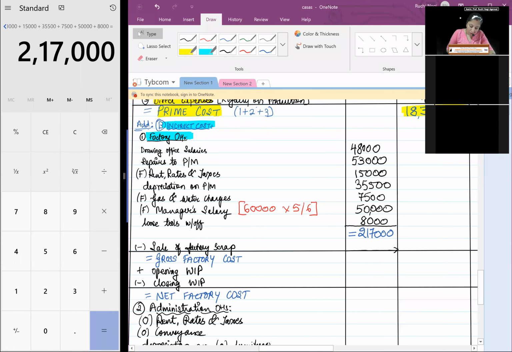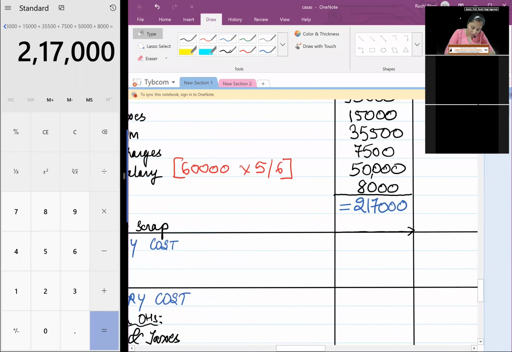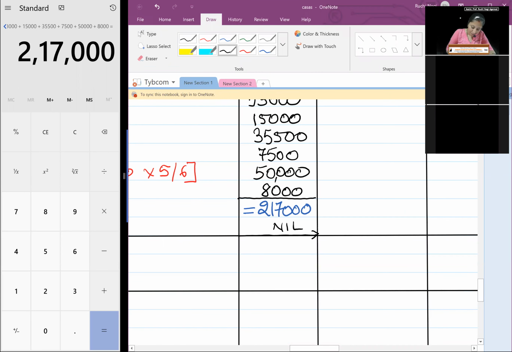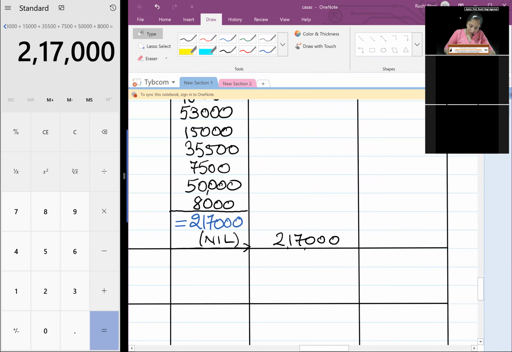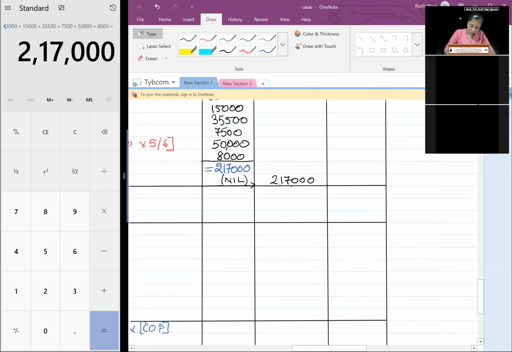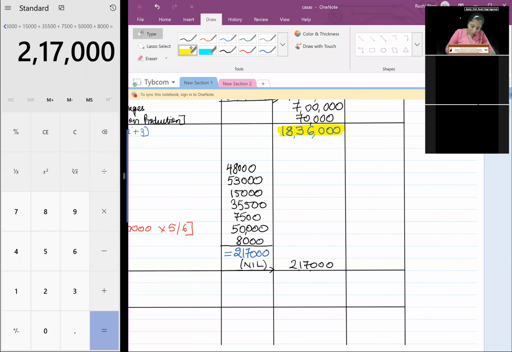Okay? Sale of factory scrap, not there in the question. Nil. 2,17,000 minus 0. My answer will be 2,17,000 in the outer column. So what is the previous total? 18,36 and what is the figure now, 2,17.